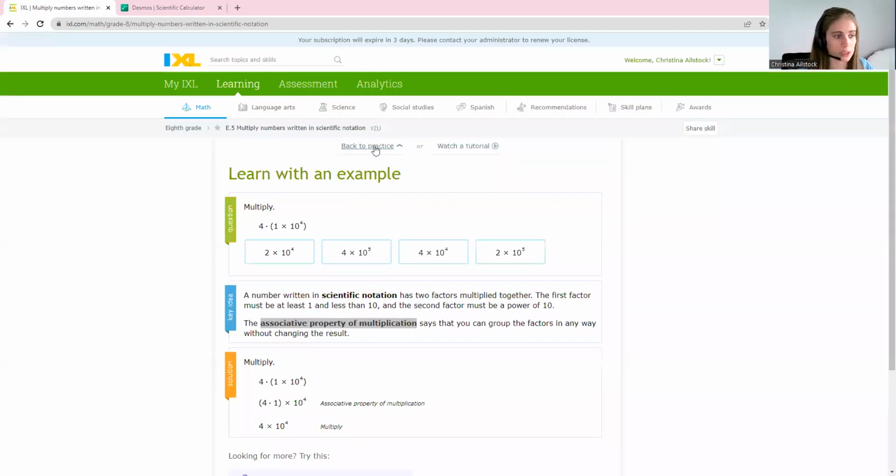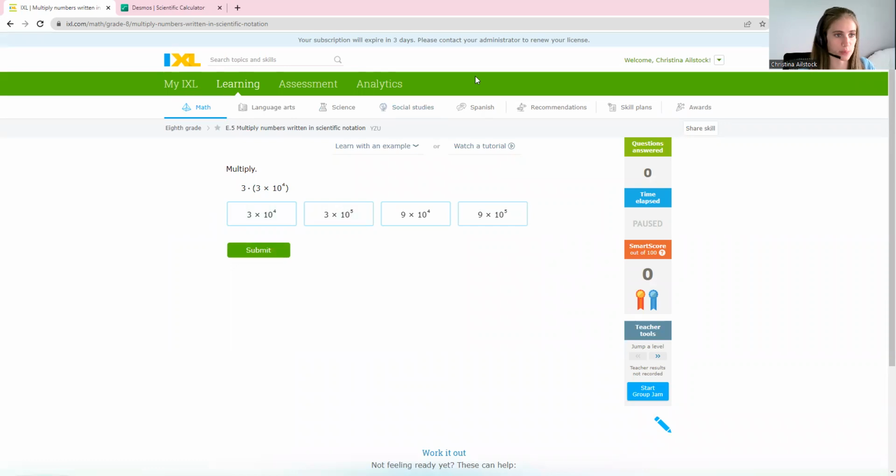All right, now let's go back and apply that to this example right here. That is telling us that we can regroup this and multiply our number written in standard form, which is that first 3, and then the coefficient of the number written in scientific notation. That's our second 3. Well, 3 times 3 is 9.